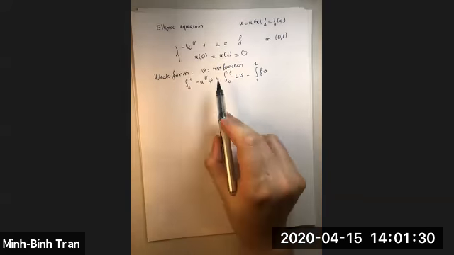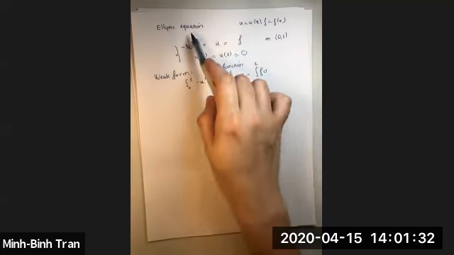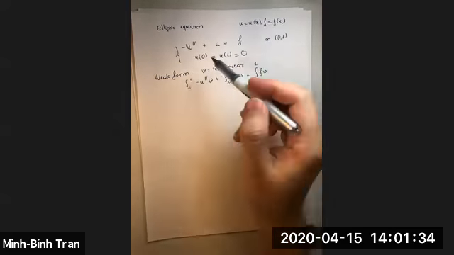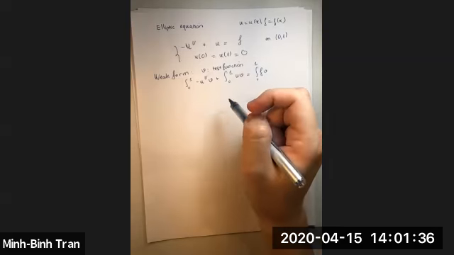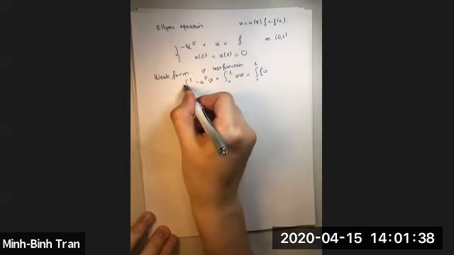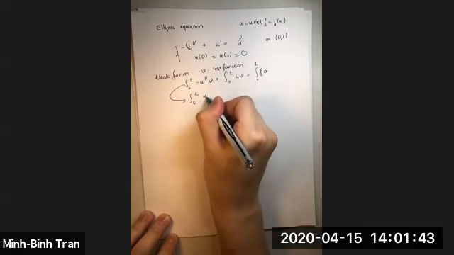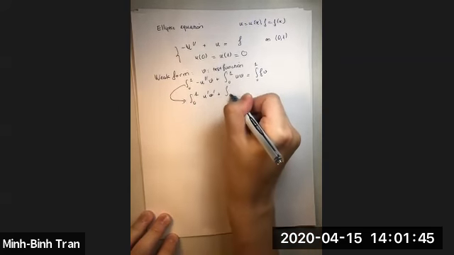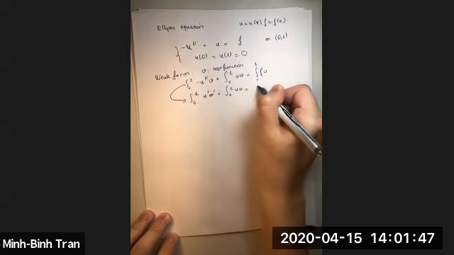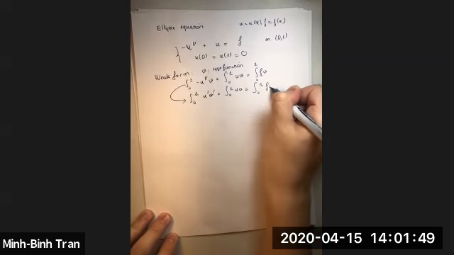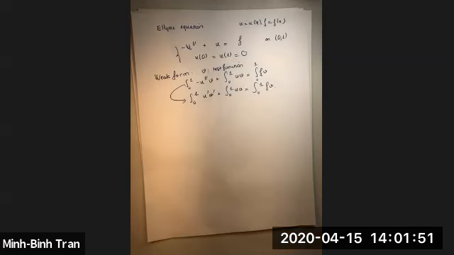The weak form is the fact that you can multiply both sides of the equation by a test function and you integrate both sides, right? So when you do the integration by parts, what you get is the integral from 0 to 1 of u prime v prime plus the integral from 0 to 1 of uv, and this is equal to the integral from 0 to 1 of fv. All right.